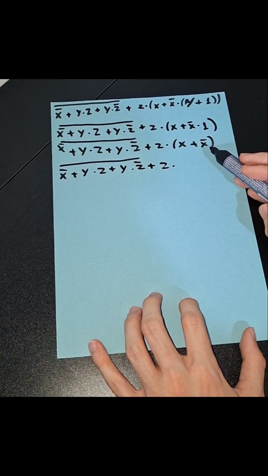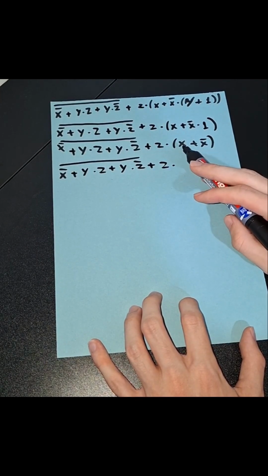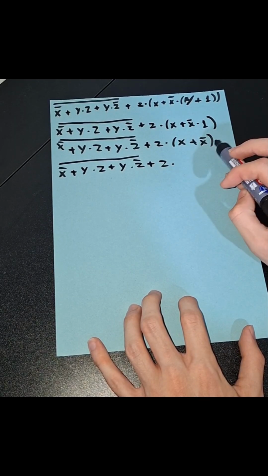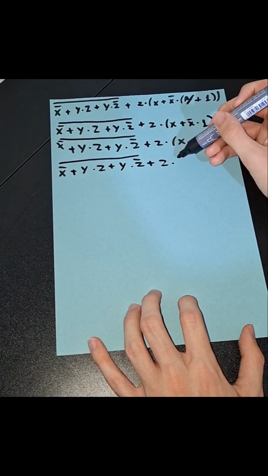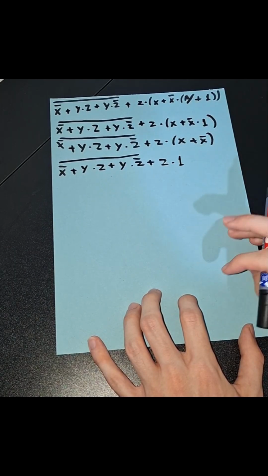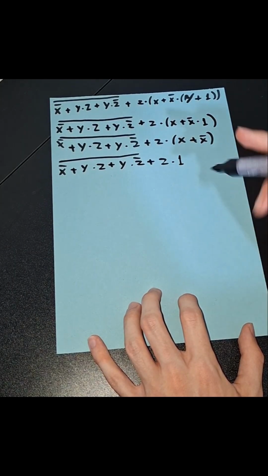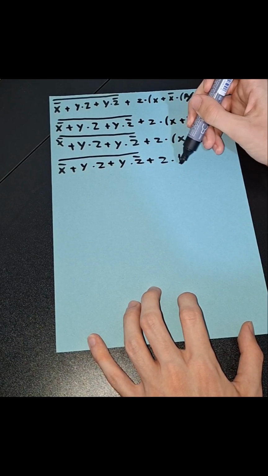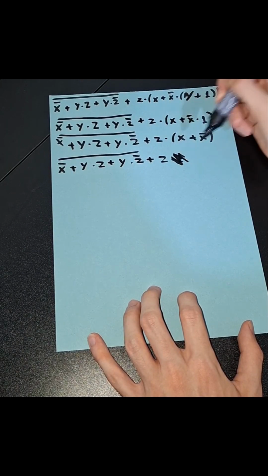X or not x will have to be 1, because if x is 0, not x will have to be 1, and if x is 1, not x will be 0, so there's at least 1 there. 1, 1. And z and 1 is obviously z, so we can get rid of this here. Let's just get rid of that.